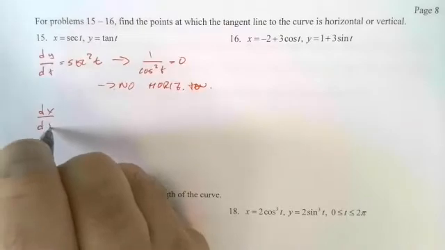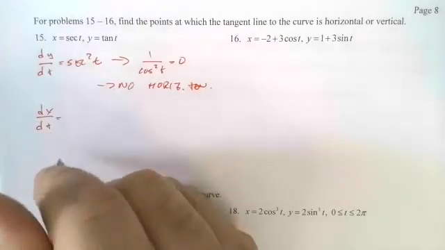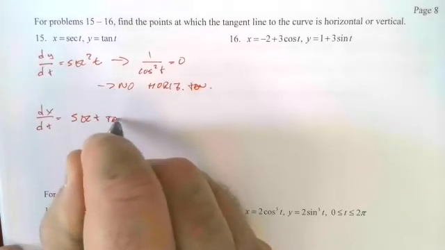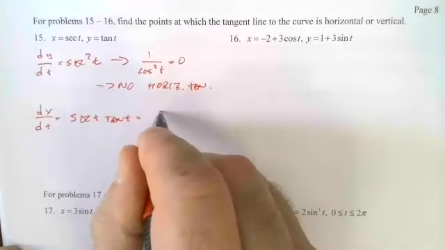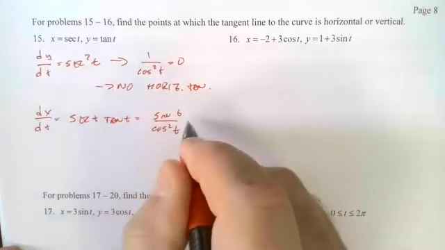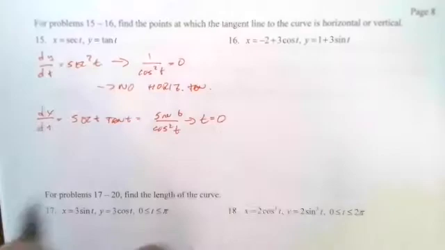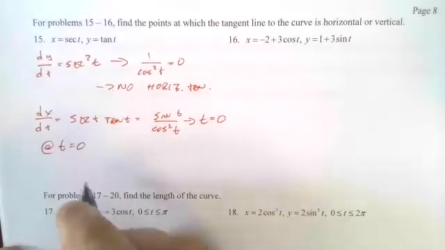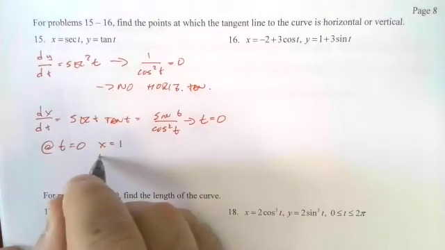dx/dt is secant tangent, which is sine of t over cosine squared t. I don't care about the bottom, I just care about the top. That happens when t equals 0. So at t equals 0, x equals 1.